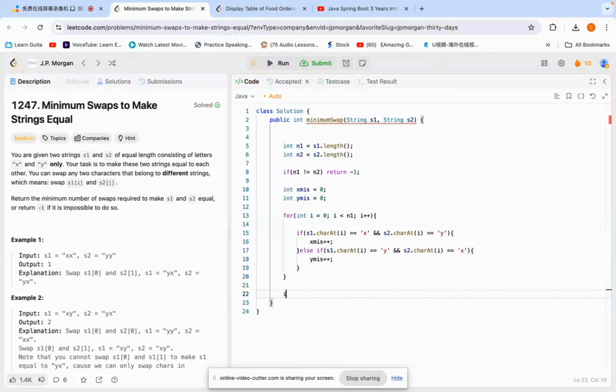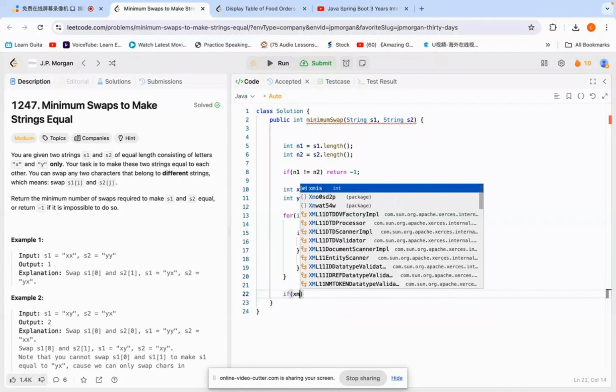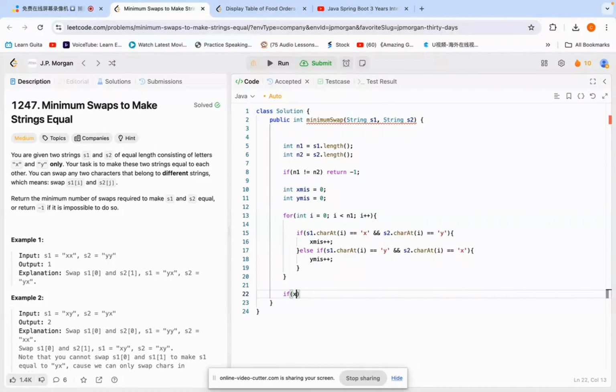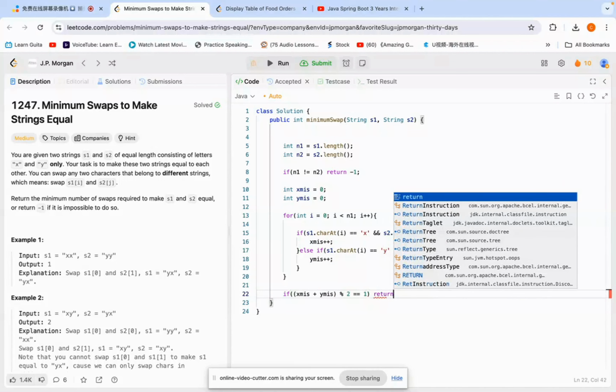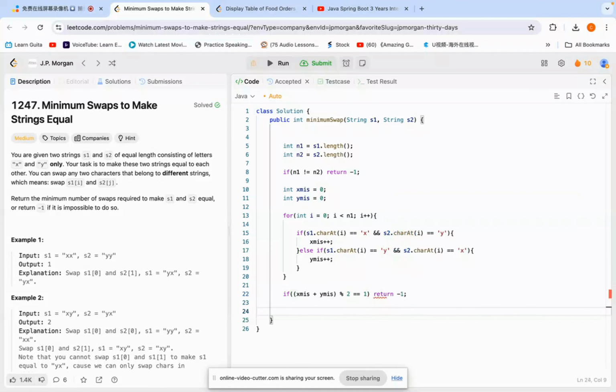Now we need to see xMiss plus yMiss, mod by 2. If the remainder is 1, we cannot make the two strings equal, so we directly return -1.